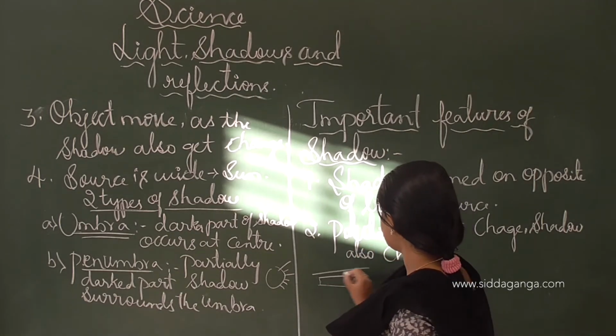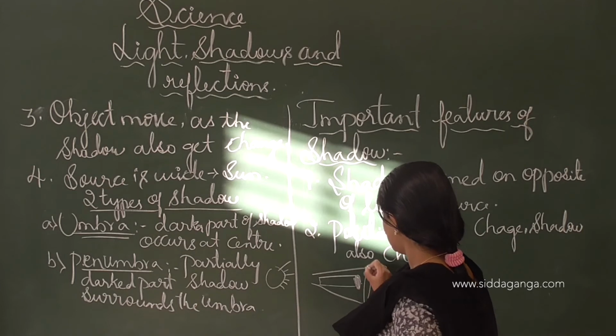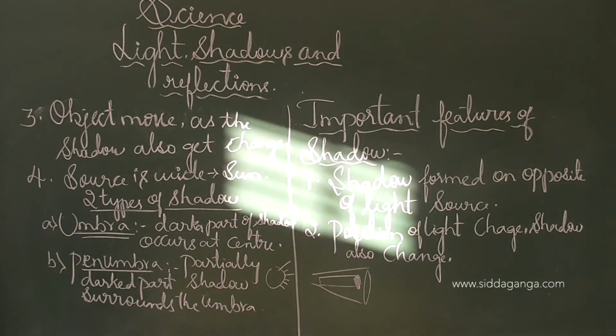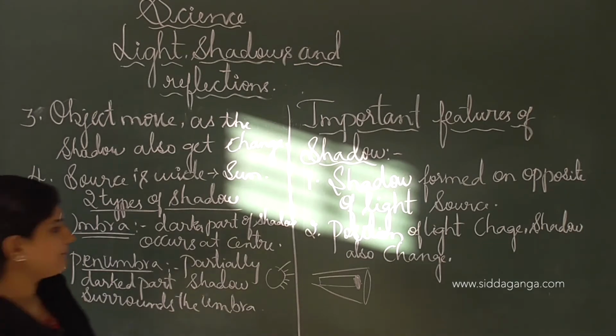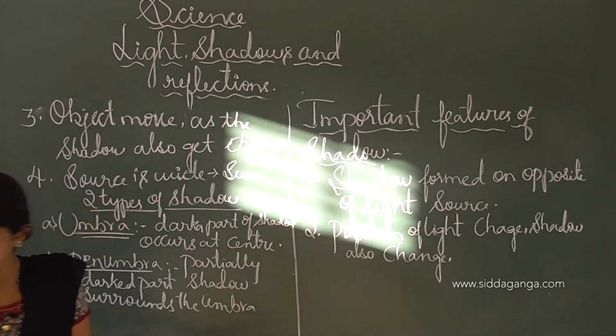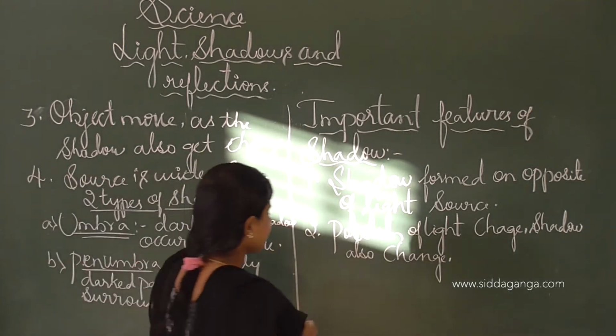Beside this, another region will be placed, and that one acts as the penumbra stage. See, I will tell you the difference between the umbra stage as well as the penumbra stage.